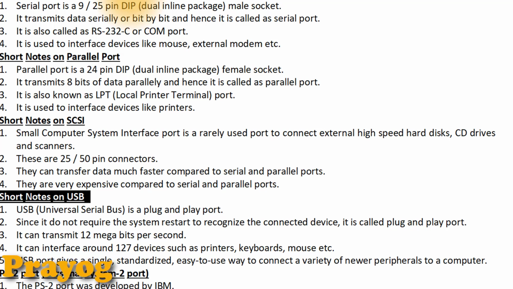See, one of the biggest problems of using these ports, whether it is a serial port or parallel port or even SCSI, is that their application is limited for specific devices. Say for example, serial port was used to interface only mouse or even external modem, whereas parallel port was used to interface printers, and the SCSI was used to interface high-speed hard disks.